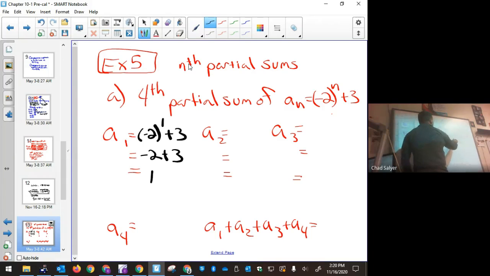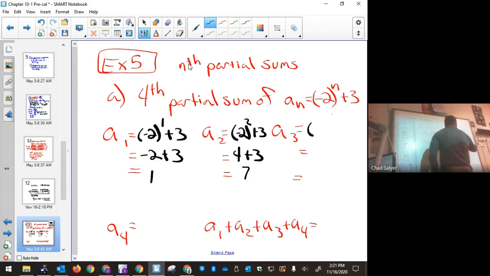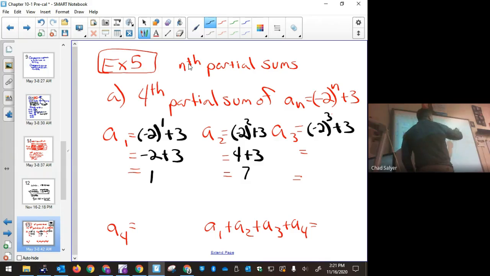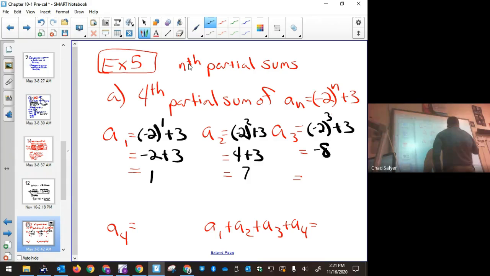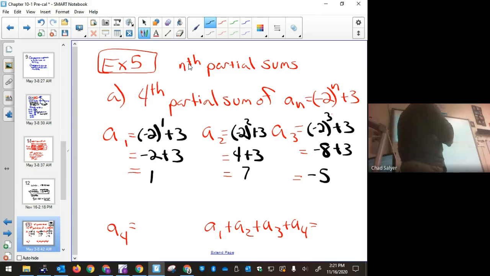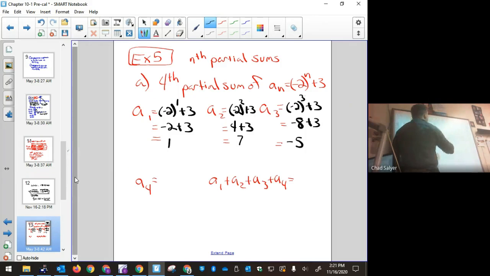For the second term, it's negative 2 squared plus 3, which is 4 plus 3, or 7. And then for the third one, negative 2 to the third power plus 3. So that's negative 8 plus 3, or negative 5. And then the fourth term, negative 2 to the fourth power plus 3.